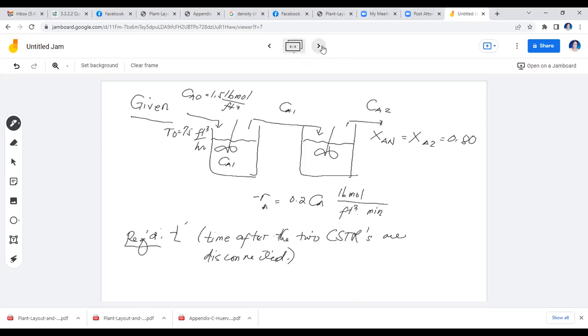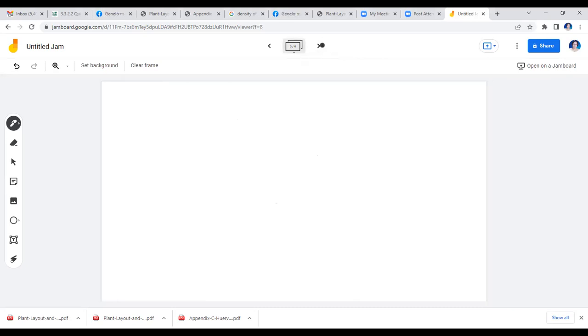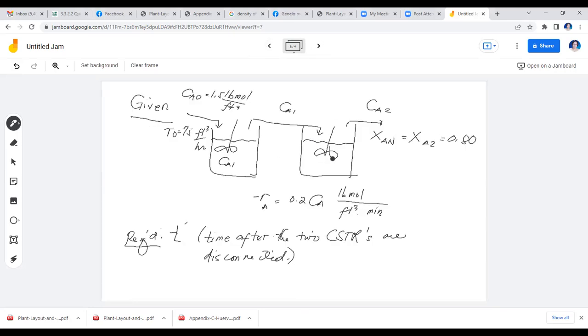Okay, so we go to the solution. You may ask questions, interrupt if things are not clear to you. That way, you understand fully the process. So the first thing that we're going to do is, of course, determine the concentration in each of these reactors if they are functioning as a battery of two CSTRs.